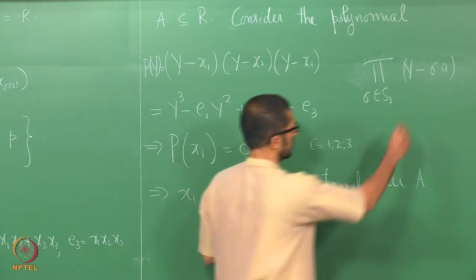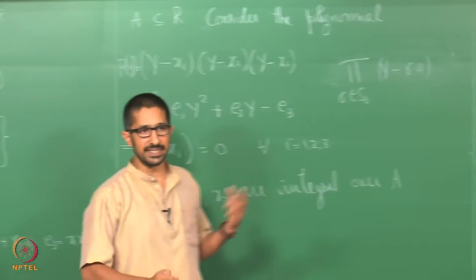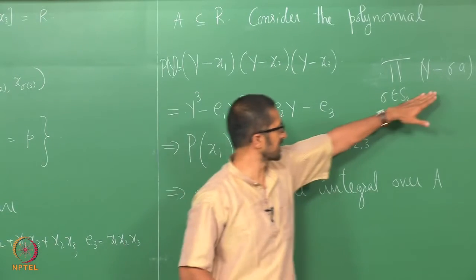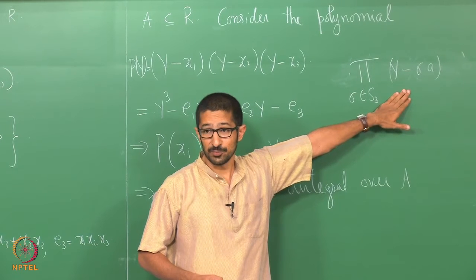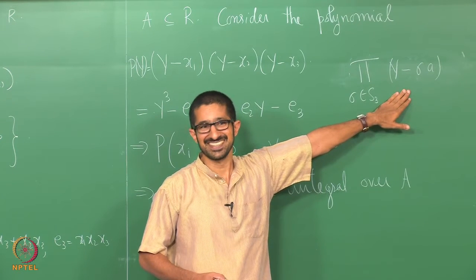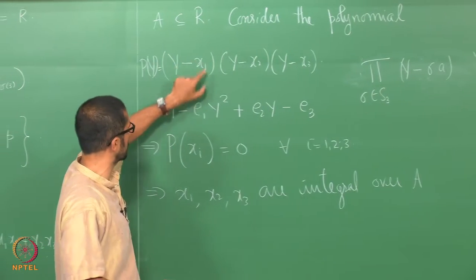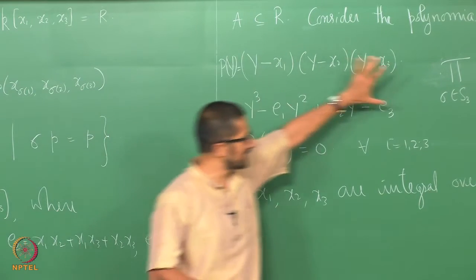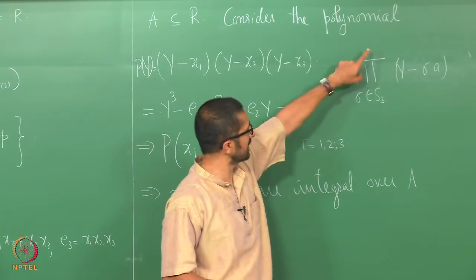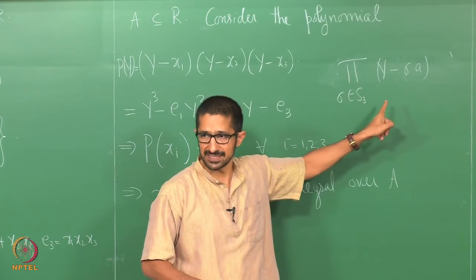Suppose this has to be of degree... If I take this polynomial, what will be its degree? How many elements in S3? 6. So this will be of degree 6. We did not take this here, we sensibly took a smaller polynomial, but in general if I take this for any a in A, this will have degree 6.